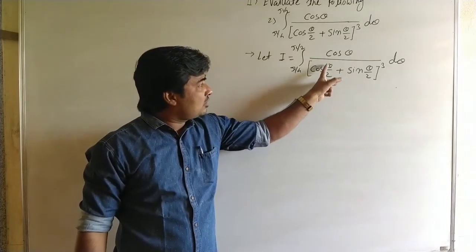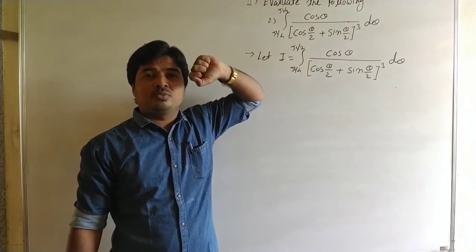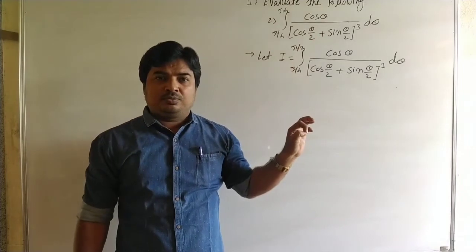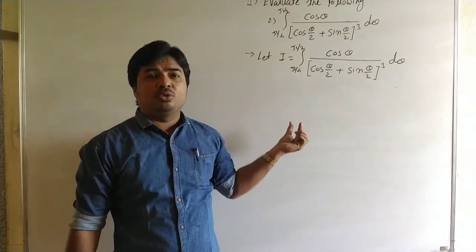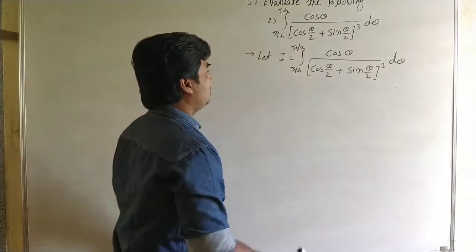Here it is cos theta by 2, sin theta by 2, the angle is theta by 2 and here it is angle theta. So here we use the formula for the cos theta. Okay, and cos theta is equal to cos square theta by 2 minus sin square theta by 2, which is the trigonometric formula for this cos theta.